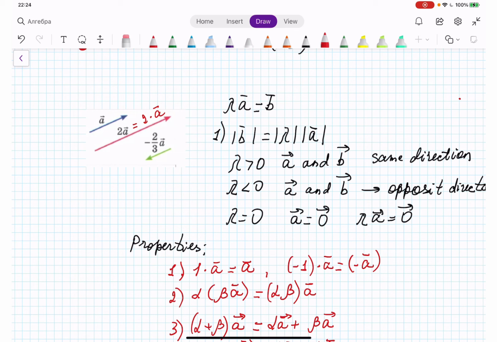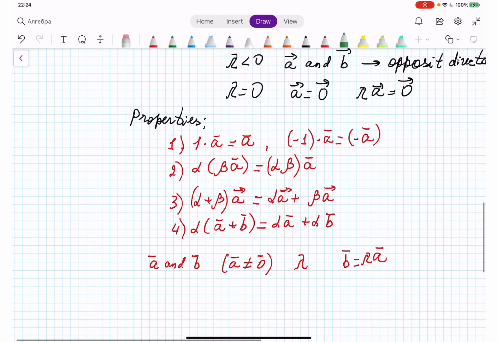And here we have negative 2/3 times vector A, which means it's going in the opposite direction of vector A, and 2/3 times shorter, a 2/3 portion of vector A. Okay, let's practice a little bit.